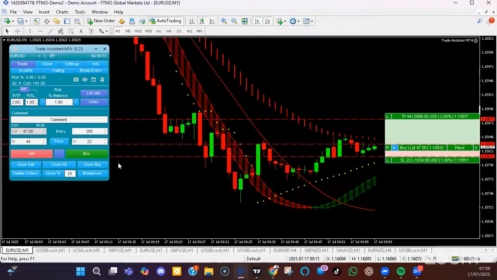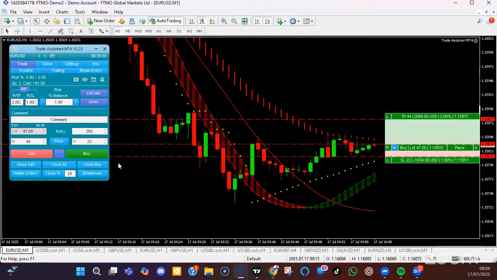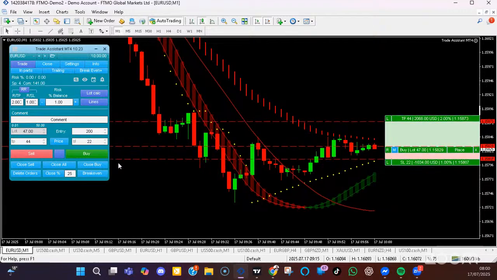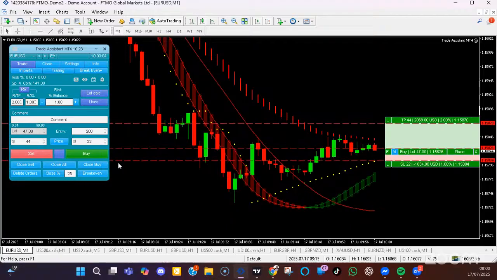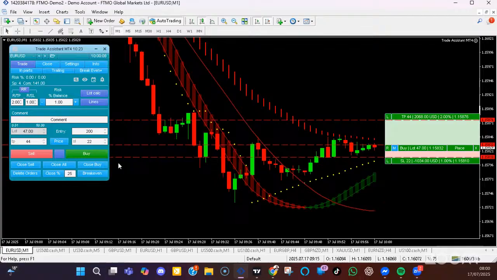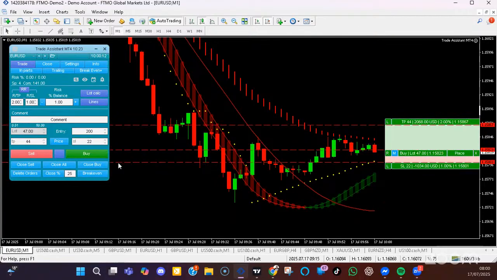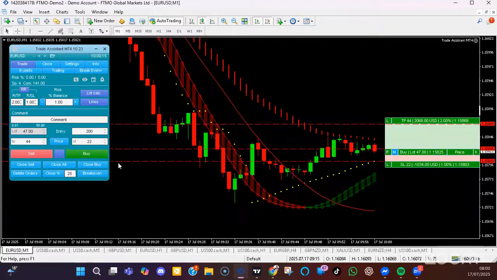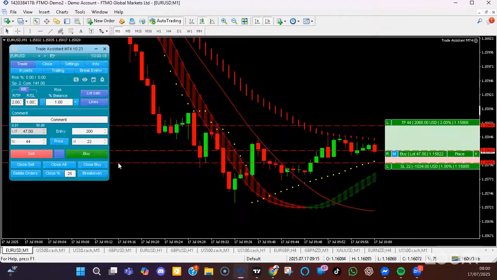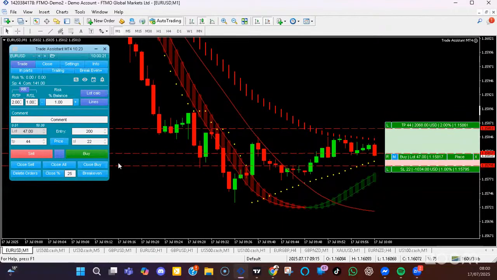Another 5 seconds, we'll find out whether it moves or not. Could move in the other direction. 8 o'clock. This is when the news is out. Like I say, it's low impact news, so don't expect much really.